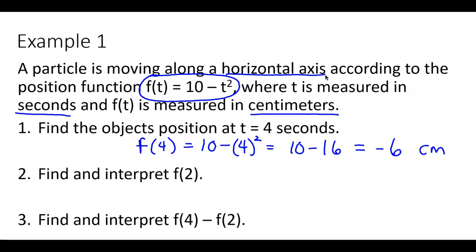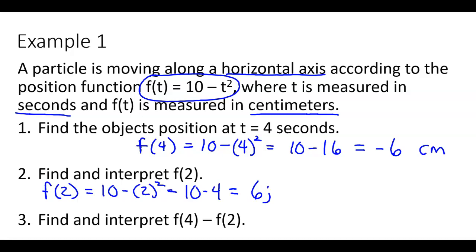Okay, so let's do this one. F of 2, that means we're plugging 2 into the function. And yes, that one is 6. And let's interpret that. Someone want to take a crack at it?